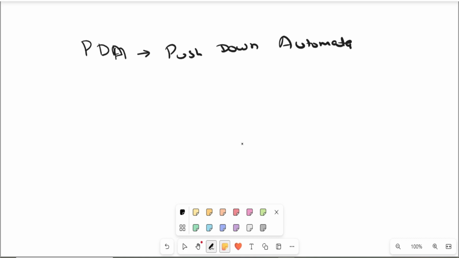What is the difference between PDA and finite automata? PDA is equivalent to finite automata plus one data structure, generally a stack. Finite automata does not have any extra memory, while in PDA we have one memory as a stack to push anything onto.